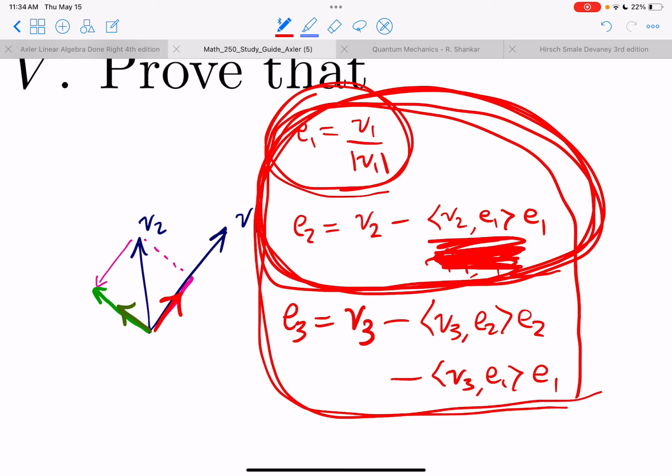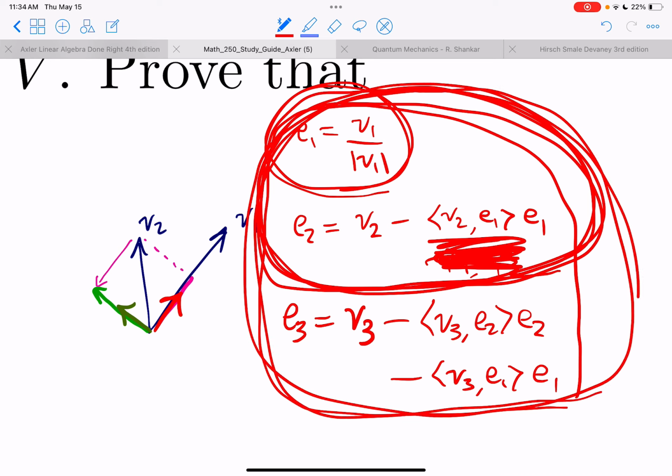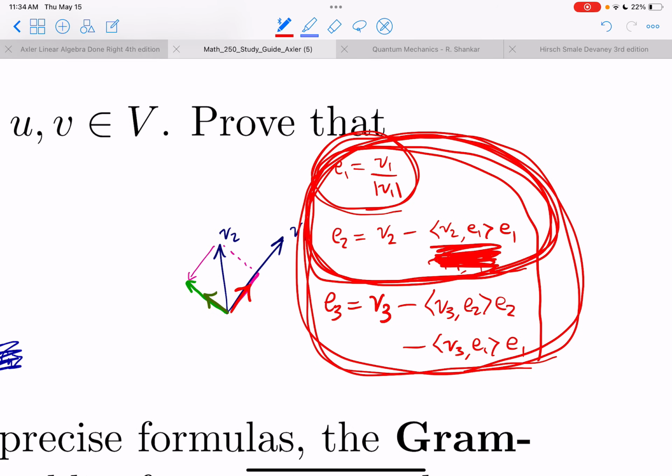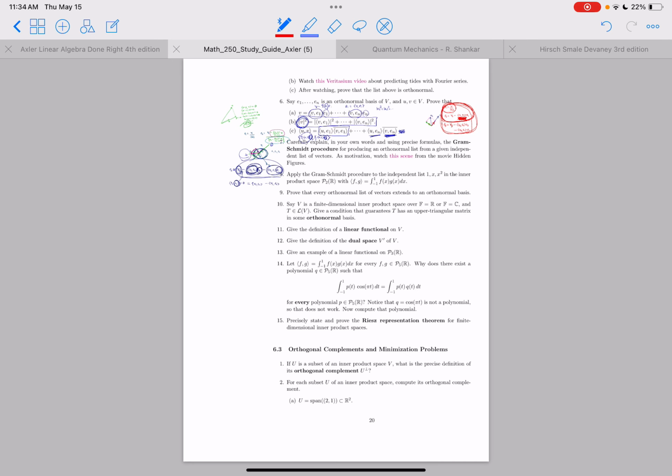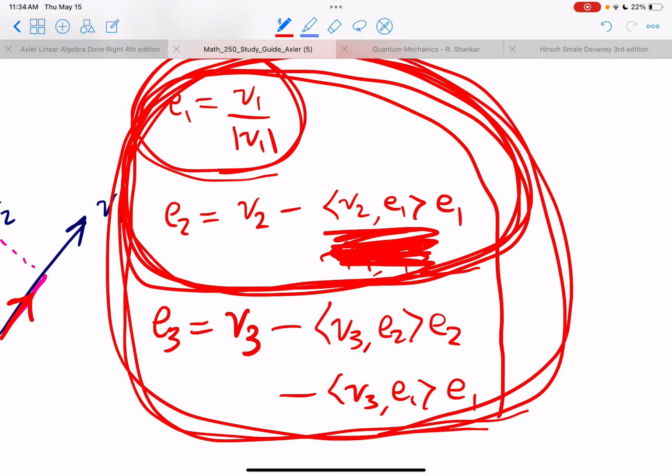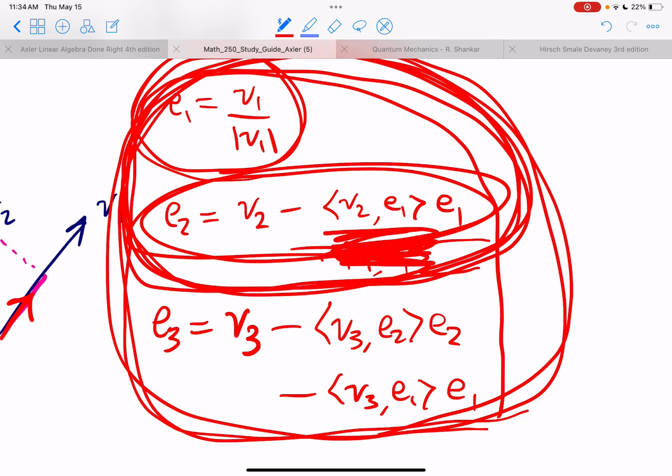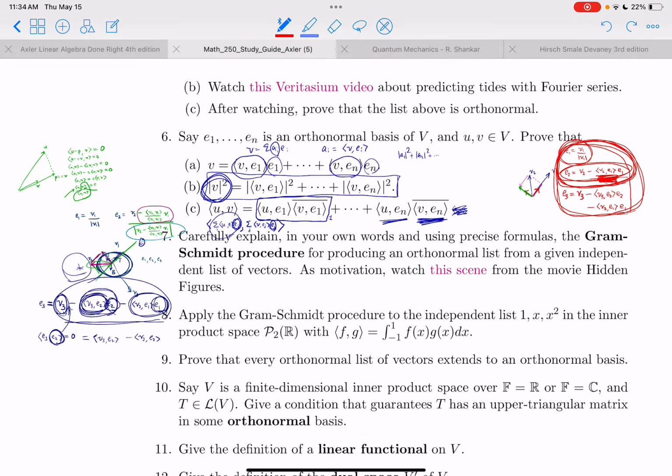Then we went to the span of V1, V2, V3, and we worked to get E1, E2, E3. So each time you work up one at a time, increasing in size the subspace that you're moving along. In other words, when I was producing E2, I didn't need to worry about V3 at all. I'm just working in the V1, V2 span.